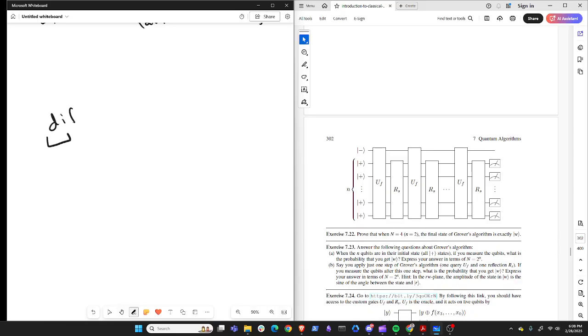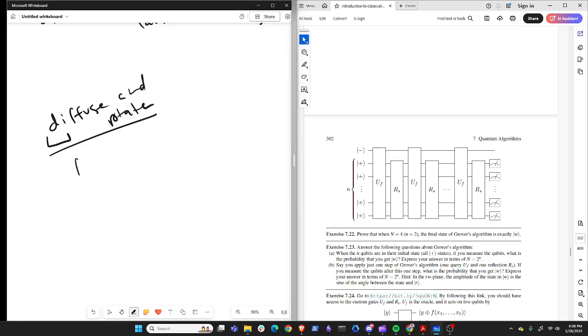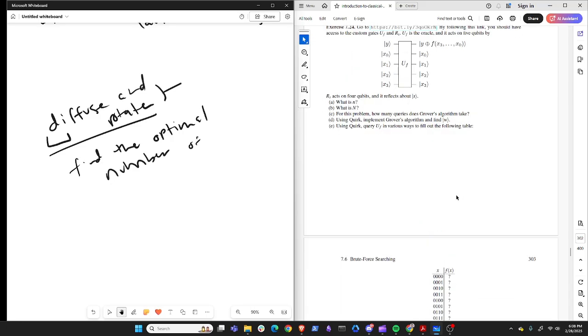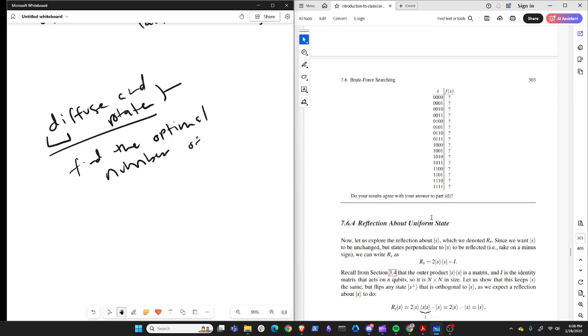So we diffuse and rotate a given number of times, and there was a formula to find the optimal number of times to do these two. Let me see if they mentioned that down here. But we didn't have to do that in the lab. We just had to implement it however many times they gave us.